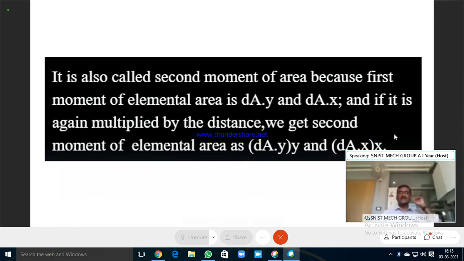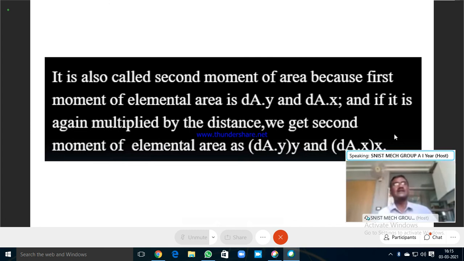And this is one important slide. Please note it down. Somebody is asking how it is the second moment of area. It's very clearly given. It is also called the second moment of area because the first moment of an elemental area is the elemental area times y, and dA times x, and if it is again multiplied by the distance, we get the second moment of the elemental area, which is dA times y times y, nothing but dA y squared, and again dA times x, it is dA x squared.